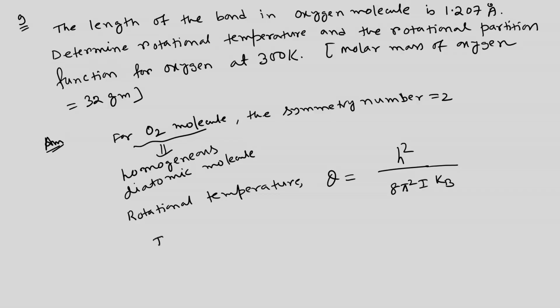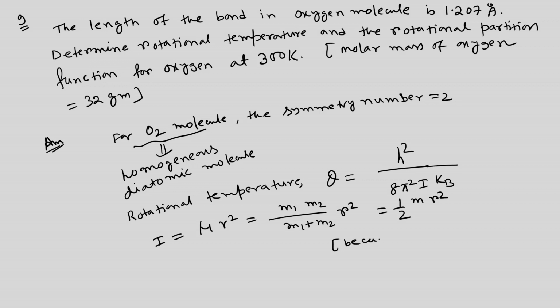So, I is mu r square. So, m1 m2 by m1 plus m2 r square, and here m1 equals m2. So, we can write m r square, and then we have a half term here, because m1 is equal to m2 equals m for oxygen molecule.